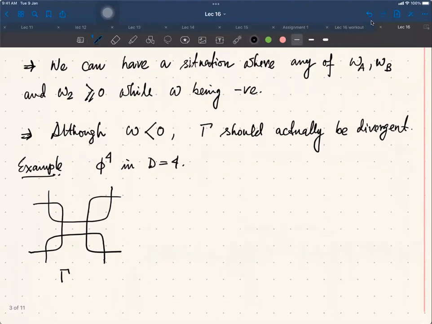If we calculate the superficial degree of divergence of gamma, then we notice that this has a total of 5 loops, and therefore each loop will give you 4 powers of momentum upstairs, minus the number of propagators, and the propagators are 1, 2, 3, 4, 5, 6, 7, 8, 9, 10, 11, 12.